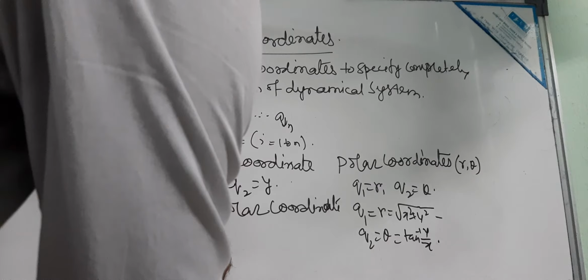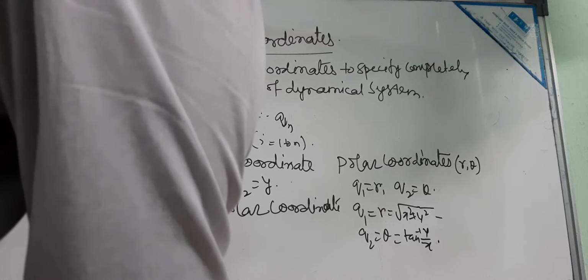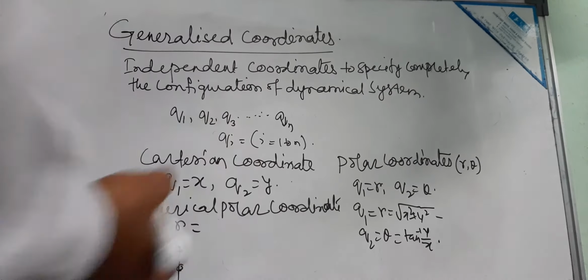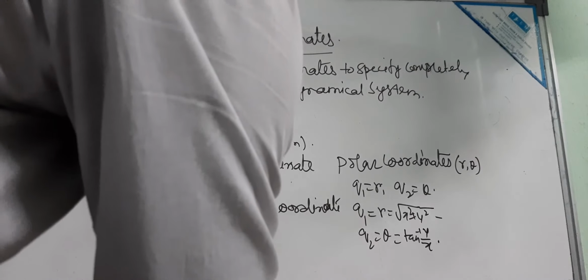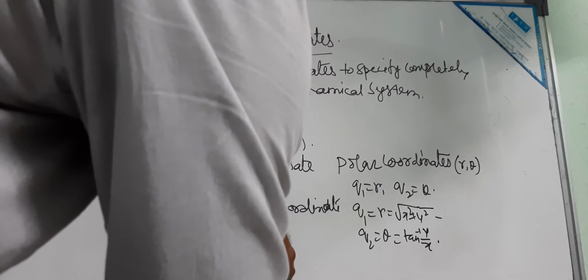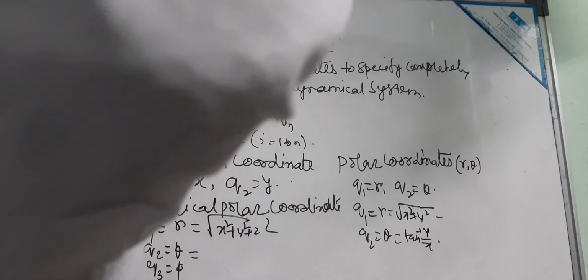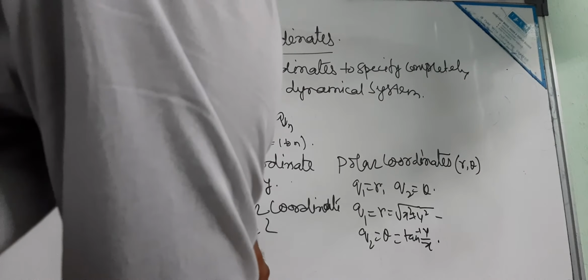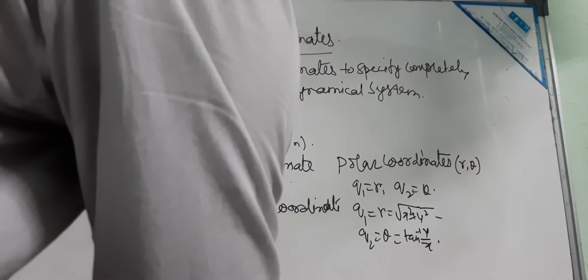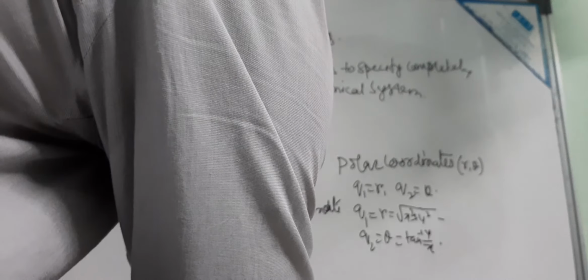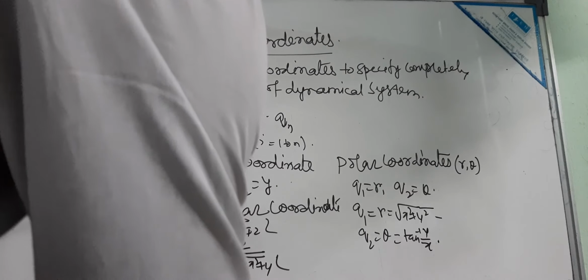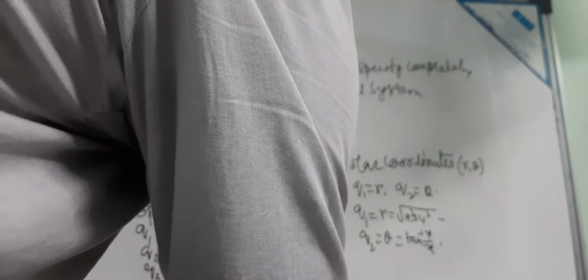So q1 equals r, which is root over x square plus y square plus z square; q2 equals theta, which is cot inverse z by root over x square plus y square; and q3 equals phi, which is tan inverse y by x.